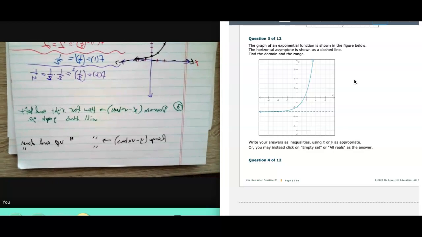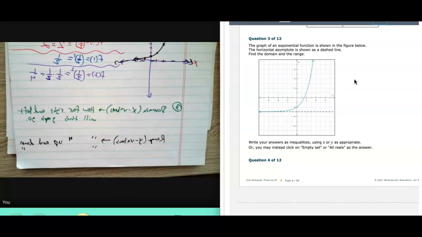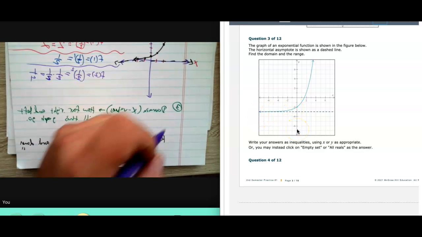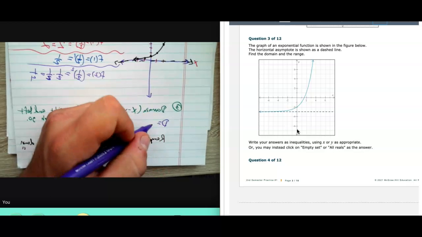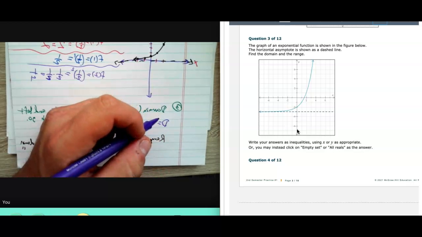So anyhow, domain and range are not super complicated, but you do have to think about, okay, will this graph keep moving to the right forever? And the answer is yes. It's moving up, but it's also moving right. And will it keep moving to the left forever? The answer is yes. This graph for the domain will go from negative infinity to infinity.